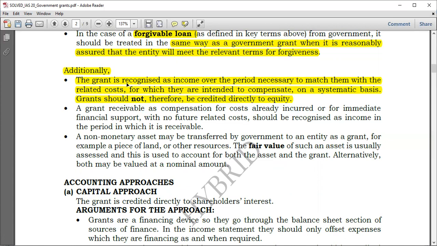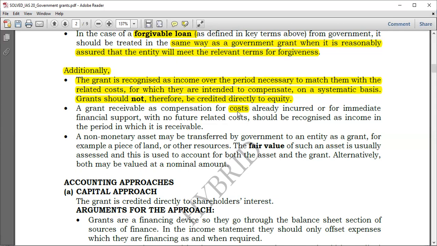If you have been told to stay with employees for 5 years, you break down the grant over 5 years. Now, presume that you have already incurred those costs. If the cost was incurred in the past, you can recognize the income directly.